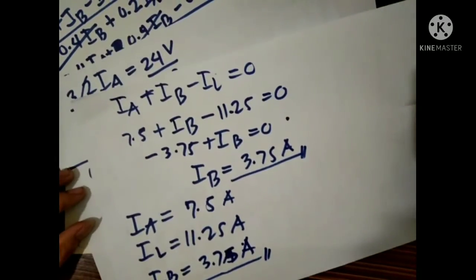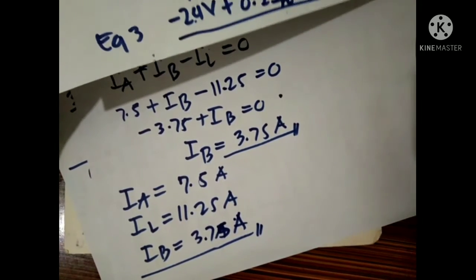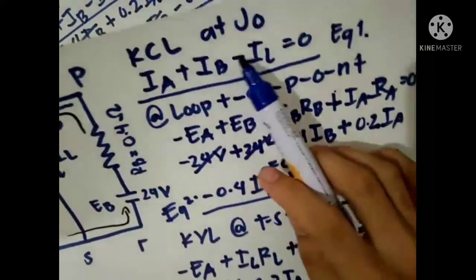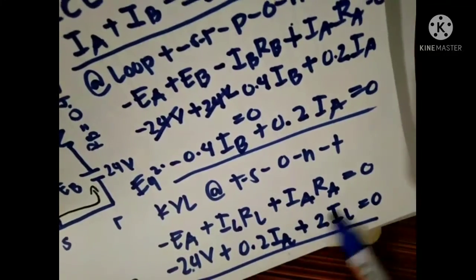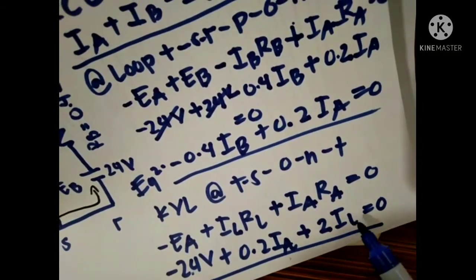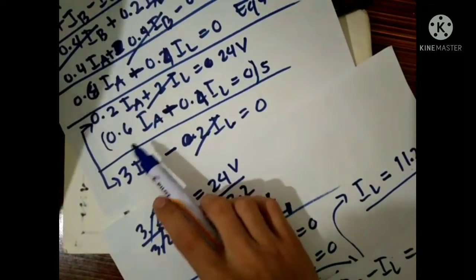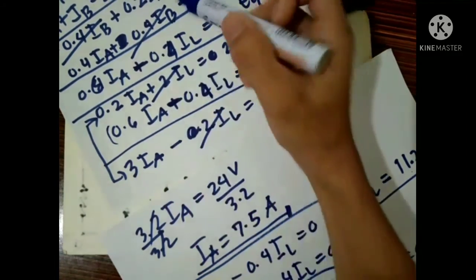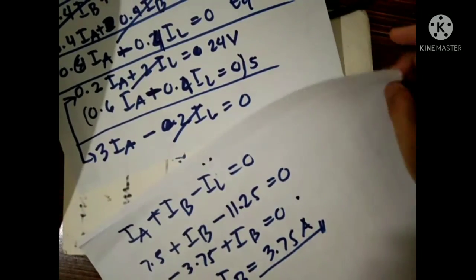Using the scientific calculator, we can plug in the three equations, which are IA plus IB minus IL equals 0, and this one, which we can transpose to 0.2 IA minus 0.2 IB equals 0, and the last equation, which is 0.6 IA, this is a negative sign, 0.4 IL is equal to 0. So when you plug into the scientific calculator, we can get the same answer.